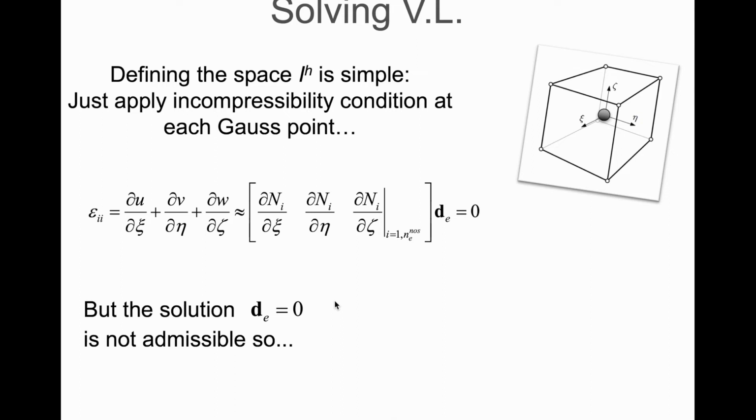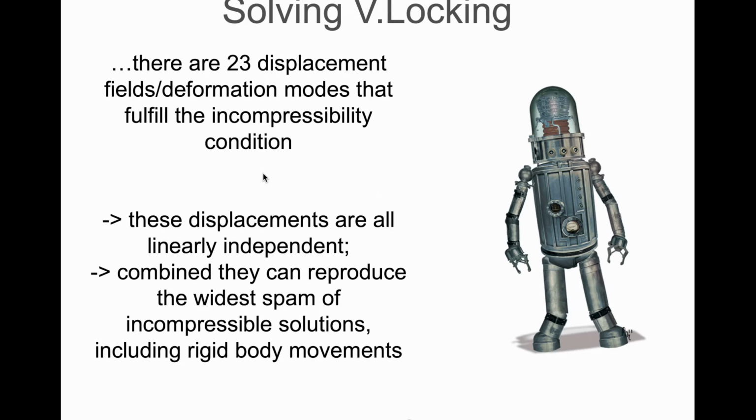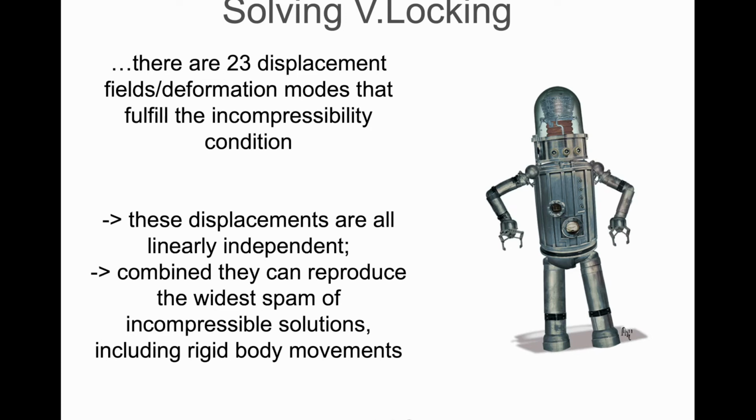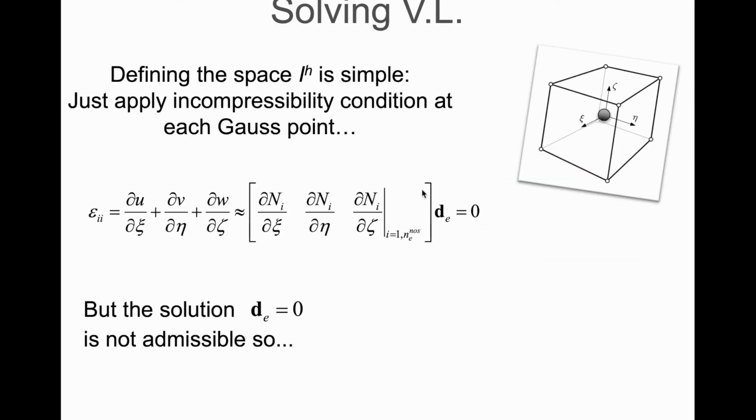This is not a solution. So let's find different patterns of displacements for all the nodes where this condition is satisfied. It's like we are trying to teach a robot how to move. For instance, these movements could be moving a leg, moving an arm, bending over, kneeling down. So the more combinations of displacements and deformation patterns we can have here, the better the element reproduces incompressible deformations.